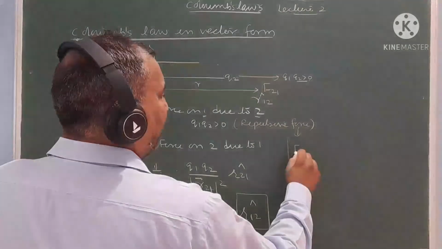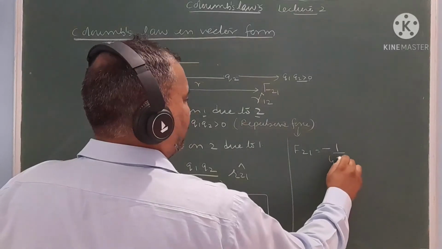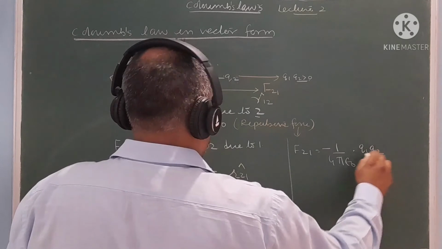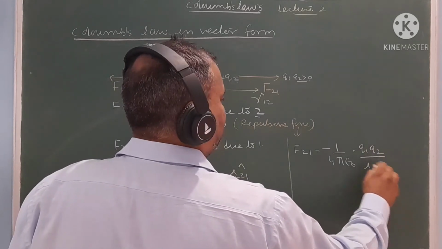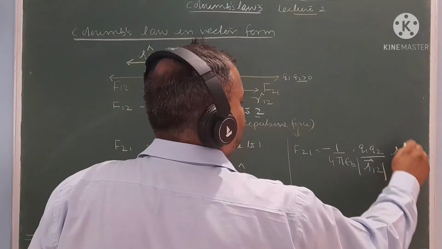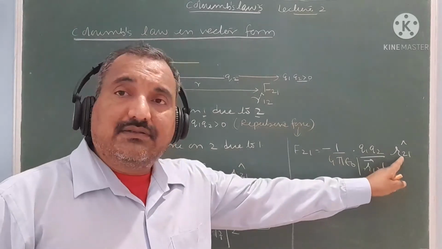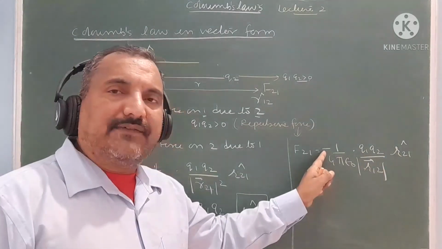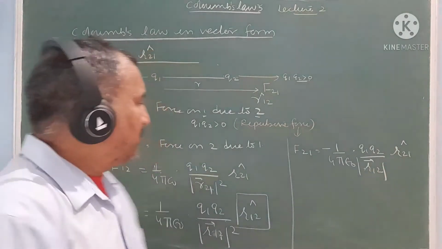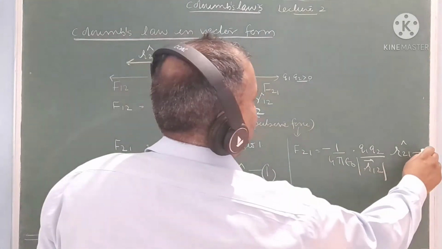So F21 is equal to minus 1 upon 4 pi epsilon 0 into Q1 Q2 upon R square, this becomes R12 cap, this R21 cap. How can I do this? When I put a negative sign, then I can change this 12 to 21. So this is equation first and this is equation second.